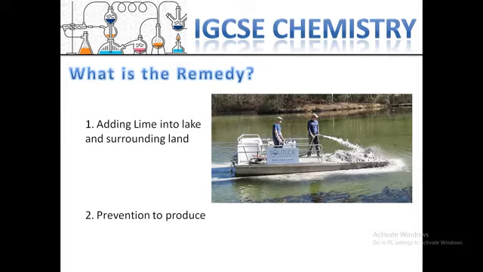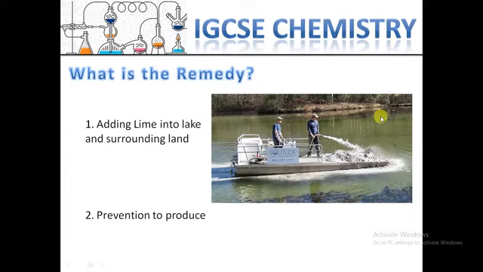The first is adding lime into lakes and the surrounding land. This lime, don't be confused with the lime we eat and buy from the markets. This lime is different. Lime is calcium carbonate, and it plays a role as an alkaline or base, which can react with the acidic solution, then neutralize the acid solution.